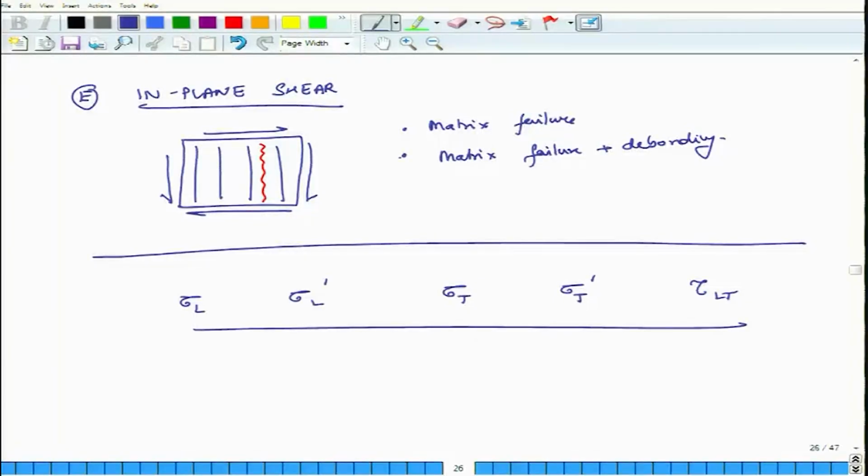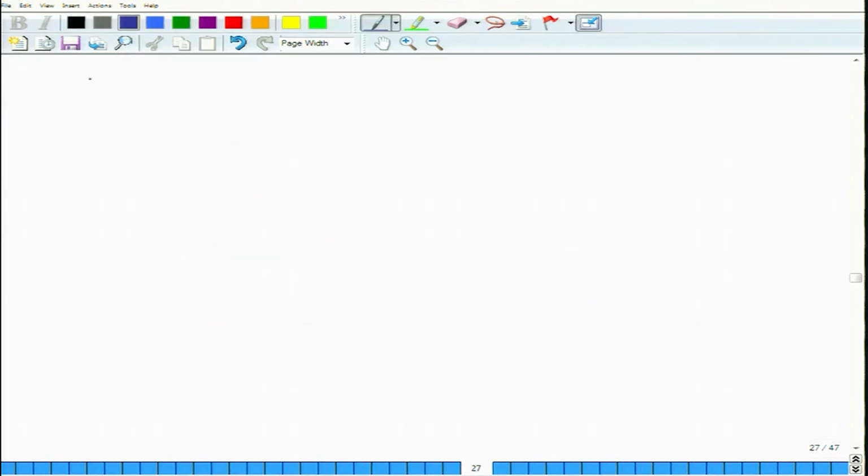Going forward, we will move to a different situation, and there are several other properties of composite materials which we will discuss and how to predict them. So, some of these properties are thermal expansion coefficient, okay.